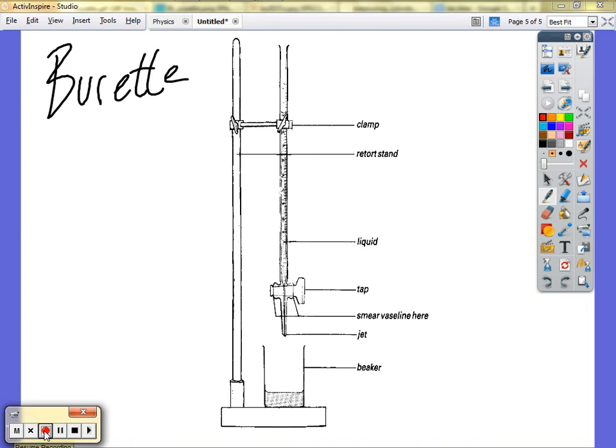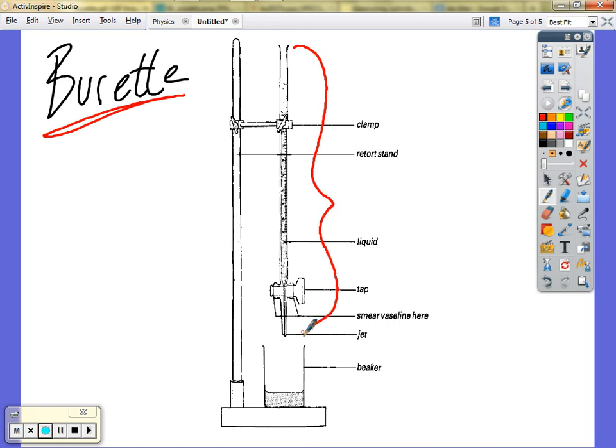So, this device, which you will learn to love and or hate, is called a burette. And the measuring part is actually right here. This tube is very long and kind of thin, so it actually doesn't hold a lot. That could be something like 2 milliliters.